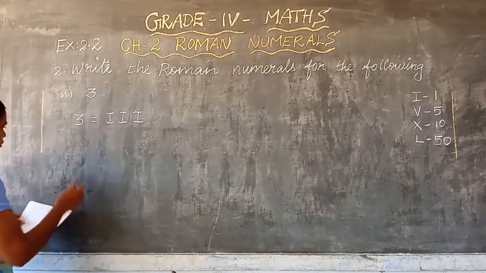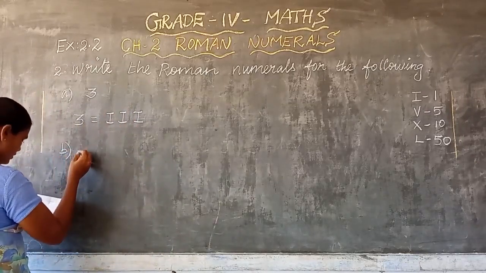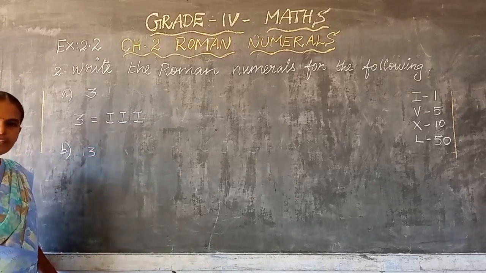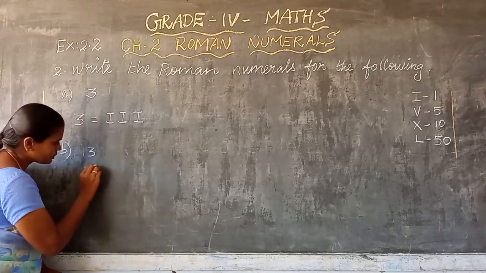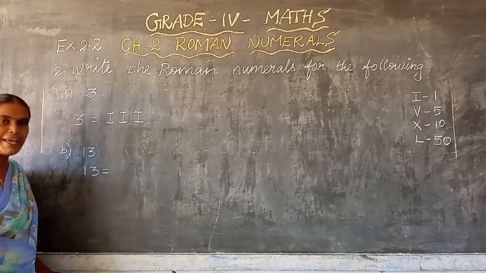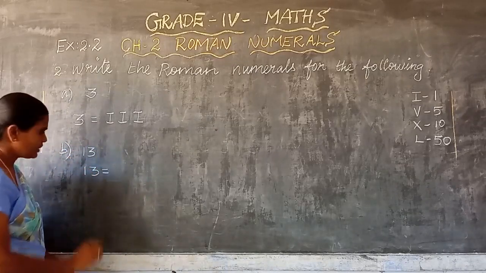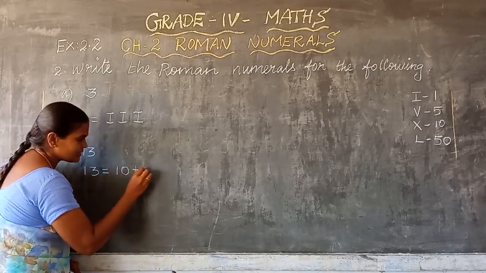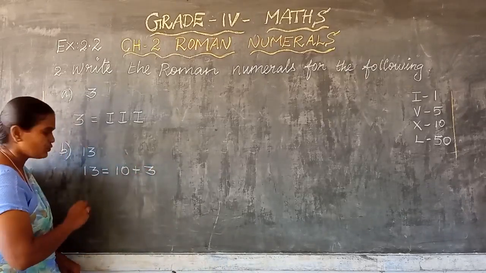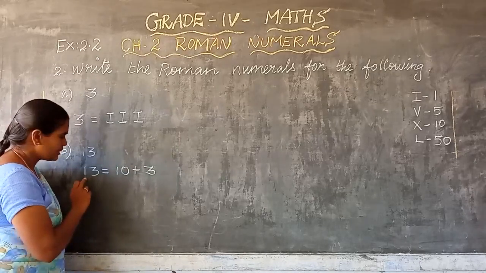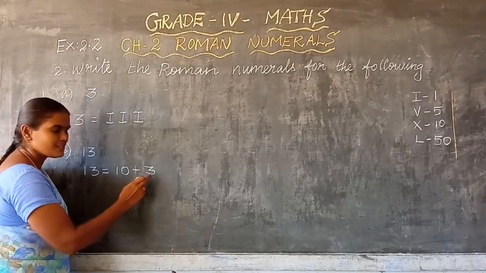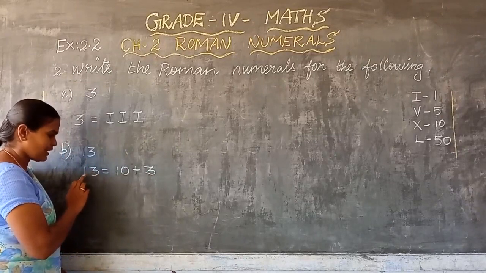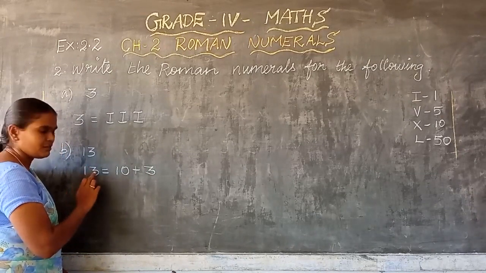Okay. Next B1. 13. So 13 equal to, first write the expanded form. 13 means 10 plus 3. You know that very well, expanded form. That is place value of this, ones, tens. 1 tens, 3 ones.